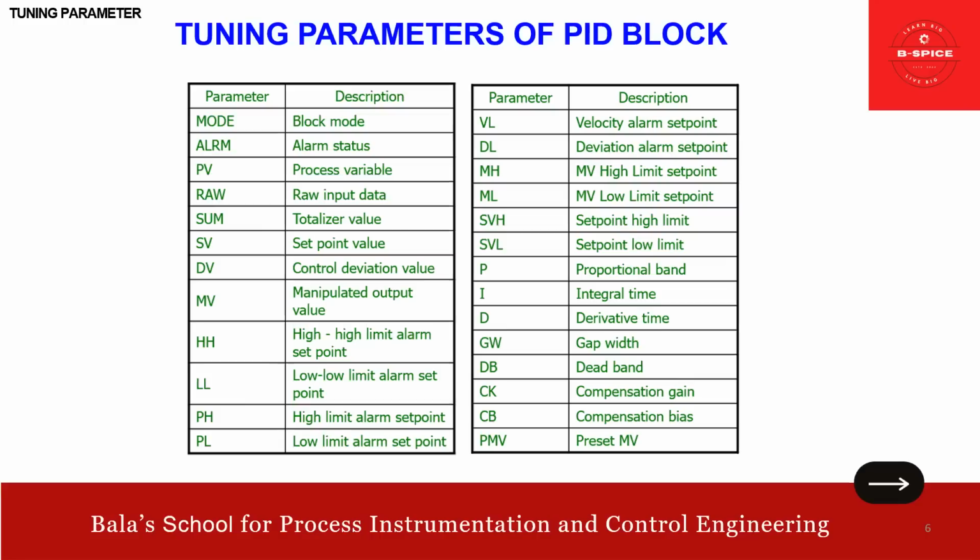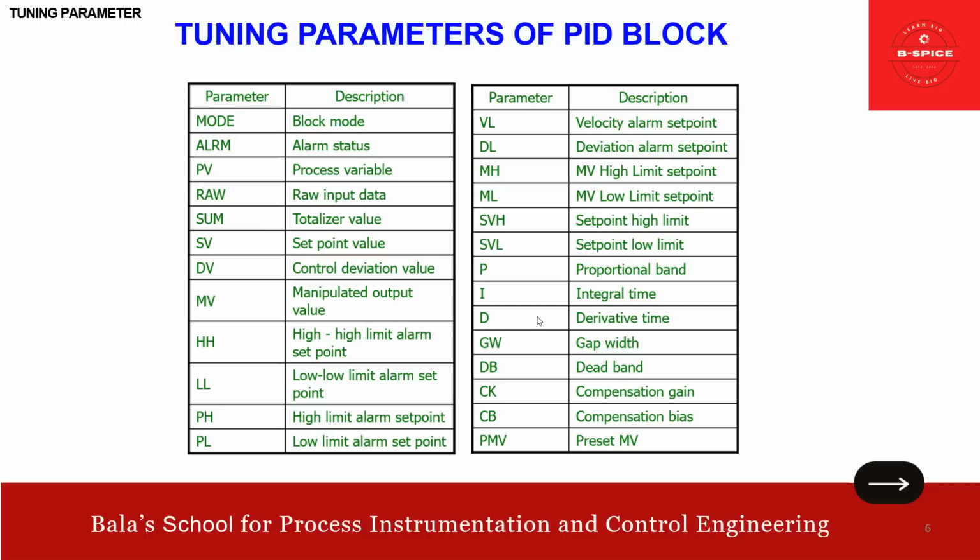Then we have deviation limit, DL. Then MV high limit set point, MV low limit set point, then set point high limit, set point low limit. Of course, PID, proportional integral derivative, we already covered. Then the G and W gap width, dead band, compensation gain, compensation bias, and preset MV.